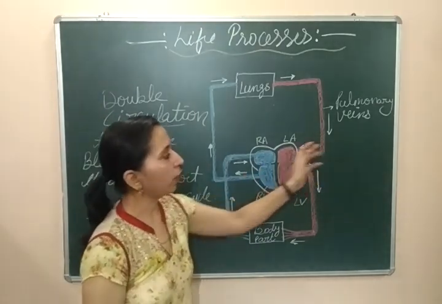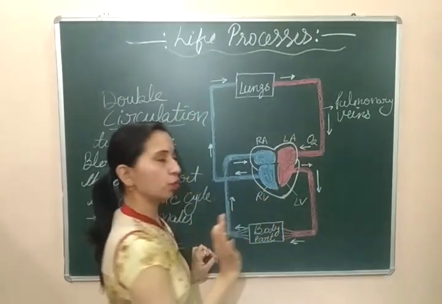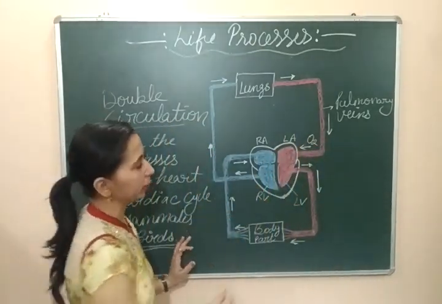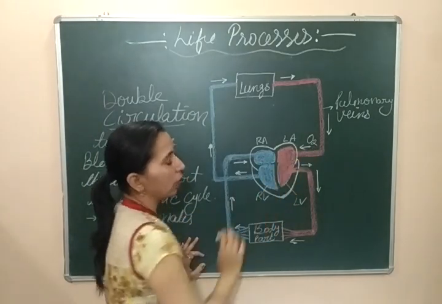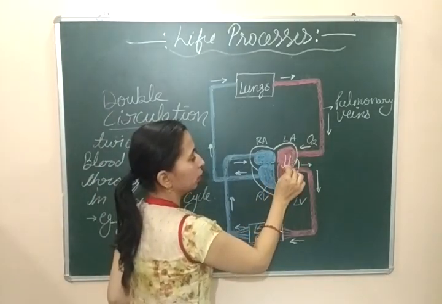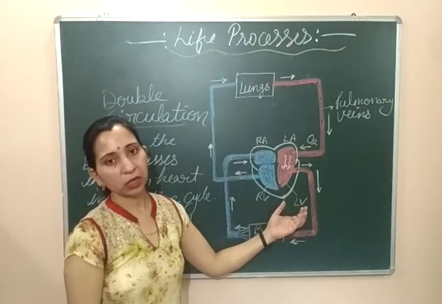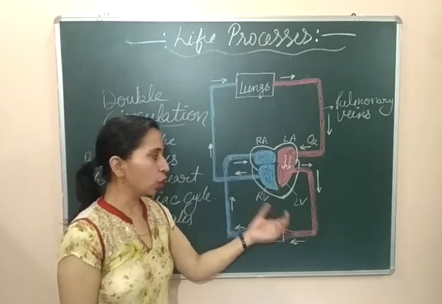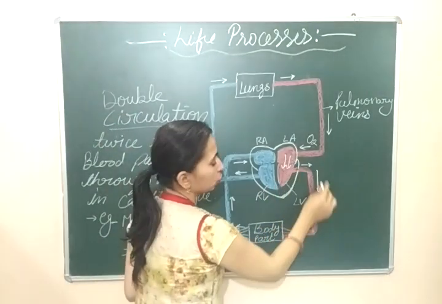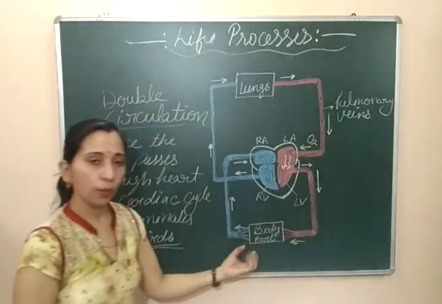So oxygenated blood finally reaches the left atrium. We can write here oxygen, so we can remember that oxygenated blood is coming from this side. From the left atrium, blood is now transported to the left ventricle. यहाँ से blood send होगा left ventricle के अंदर, and by the contraction of the left ventricle, blood is transported to the body parts.